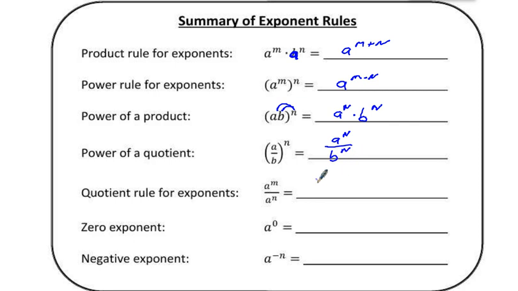The quotient rule, we're going to subtract exponents if we're dividing the same base. So a to the m minus n. Zero exponent, anything raised to the 0 power equals 1. The negative exponent, remember, we go on vacation, so a to the negative n is 1 over a to the positive n.